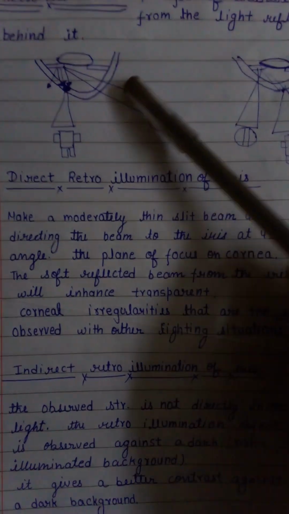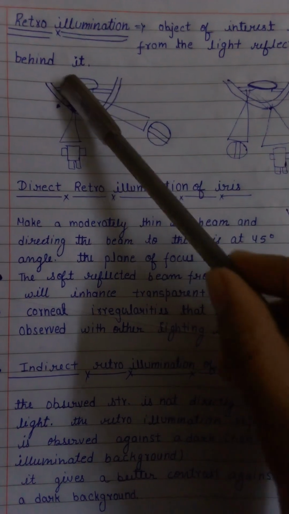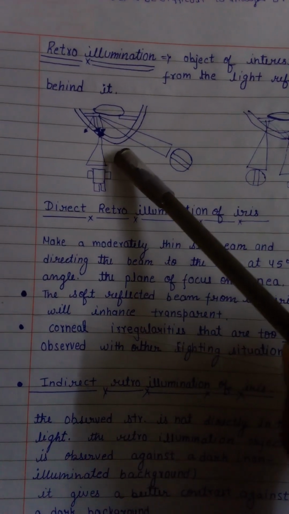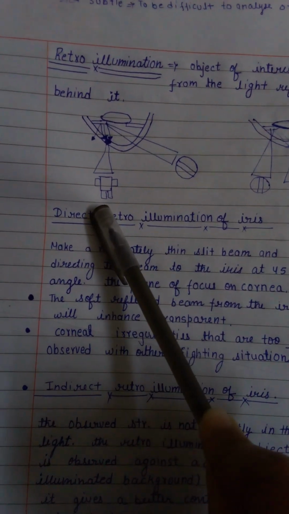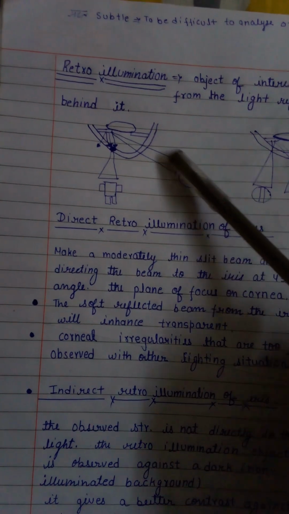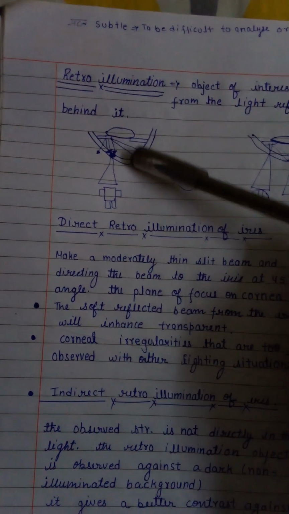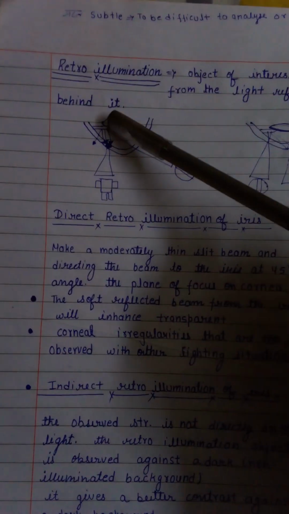Here you can see the cornea, the iris, the ciliary body, and the lens. This is the illumination system and this is the observation system, and we are illuminating the cornea by the structure present behind the cornea, that is the ciliary body.